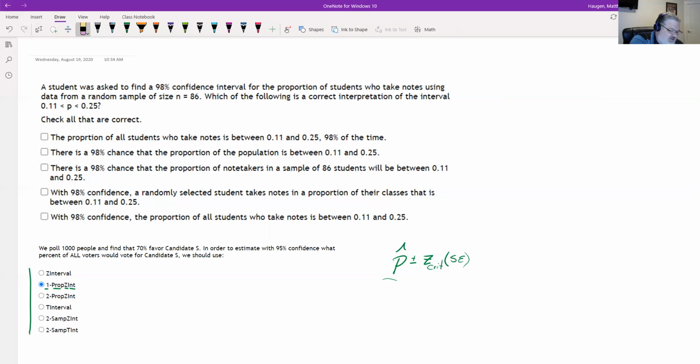So Camille, you asked that. Does that make sense? This question about the one prop z interval. You said it's something that is used for the calculator, and it's on my calculator, but I didn't find it. Yeah, it's under the stat tests, but we don't use it.